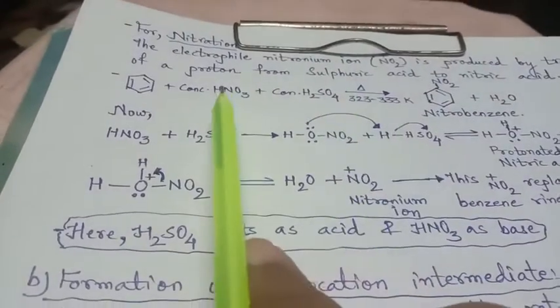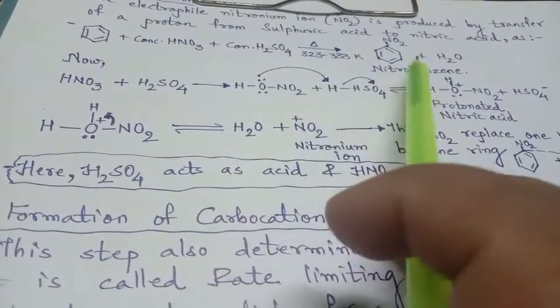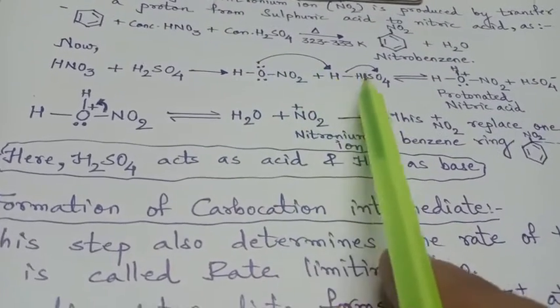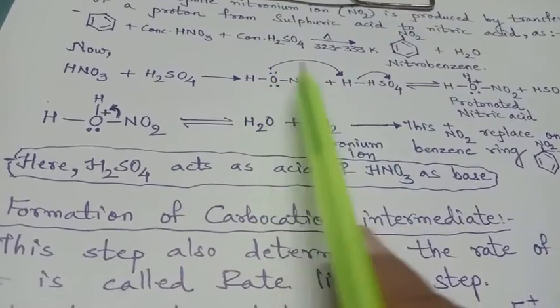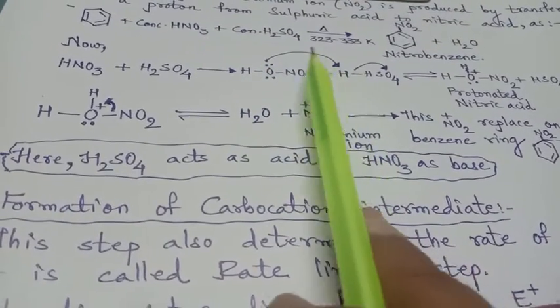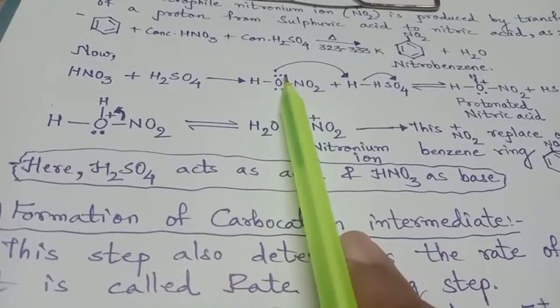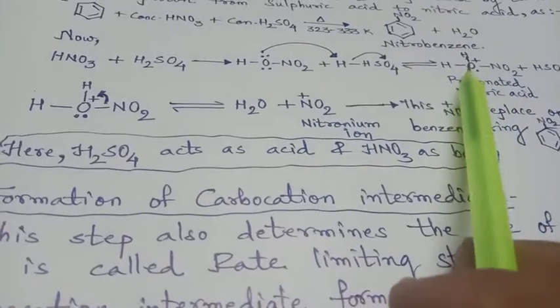So it is said that transfer of a proton from sulfuric acid to nitric acid takes place. This electron pair is given to hydrogen, and as soon as this hydrogen gets the pair, it will attach on the oxygen.